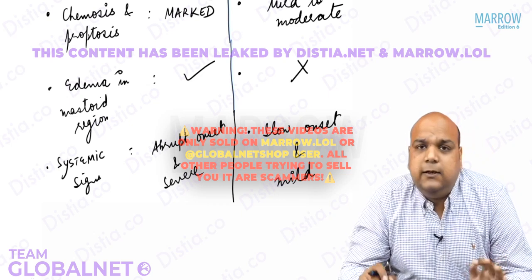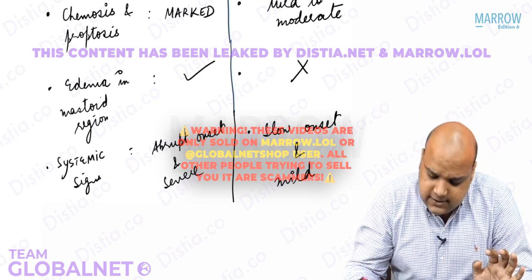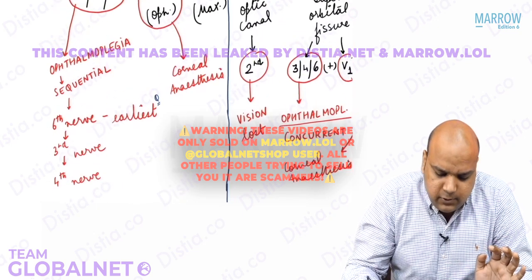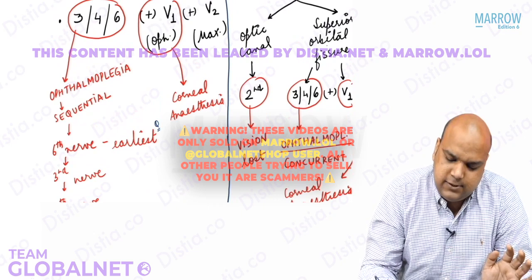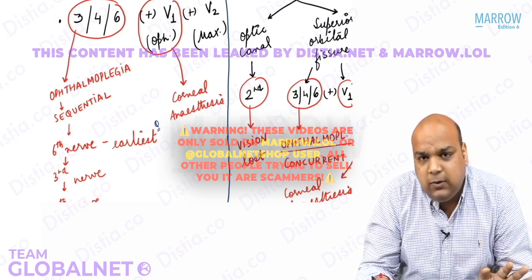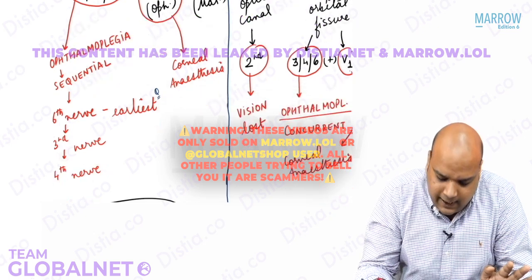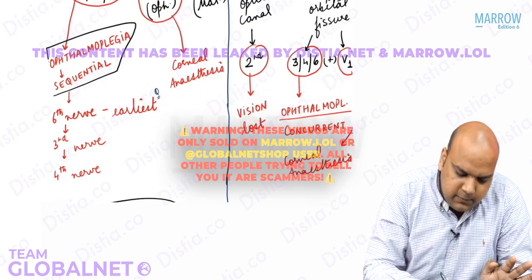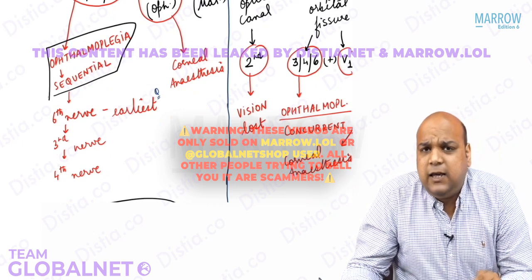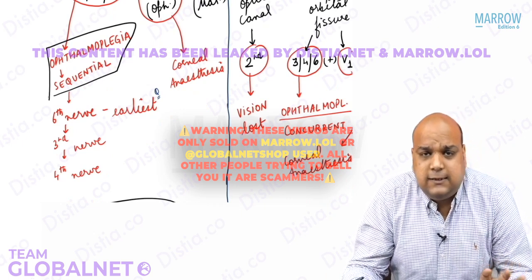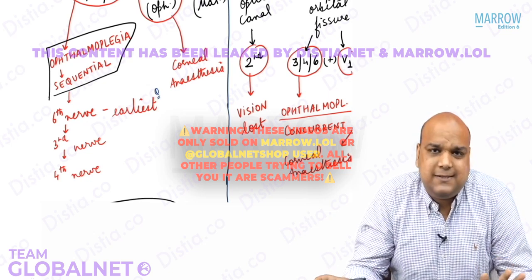These are certain other differences, but usually you won't need to look at these other differences. All your questions you will be able to solve from this only. If you remember this, 346, 346, V1, V1. Okay, but the second nerve is affected in orbital apex syndrome and the sequential ophthalmoplegia is there with sixth nerve first involvement in cavernous sinus thrombosis. These are the two important inflammatory causes of a case of proptosis.